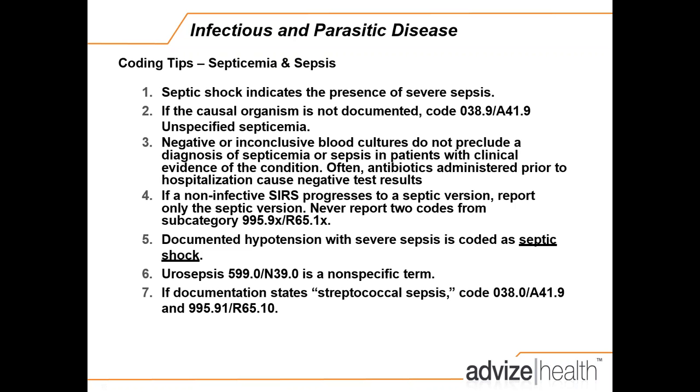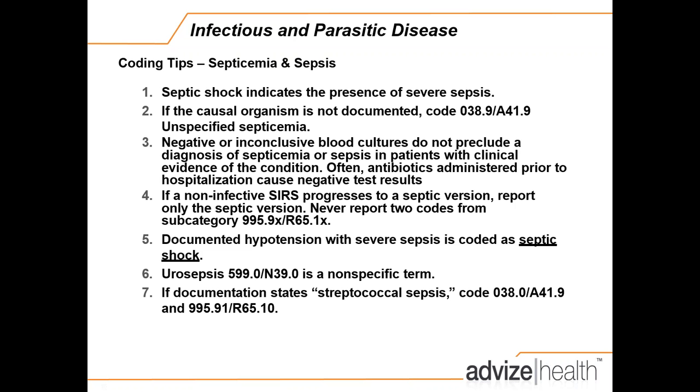Negative or inconclusive blood cultures do not preclude a diagnosis of septicemia or sepsis in a patient with clinical evidence of the condition. Often antibiotics administered prior to the condition or hospitalization cause negative test results. So again, regular lab results performed for that particular disease may or may not have an effect on your finding.